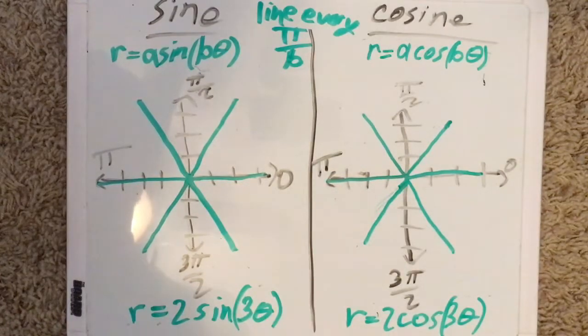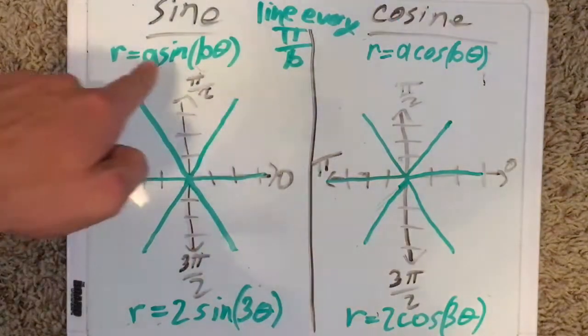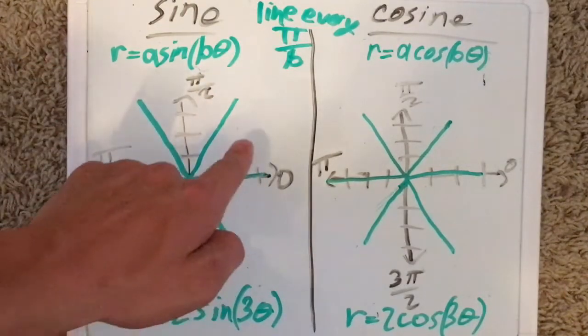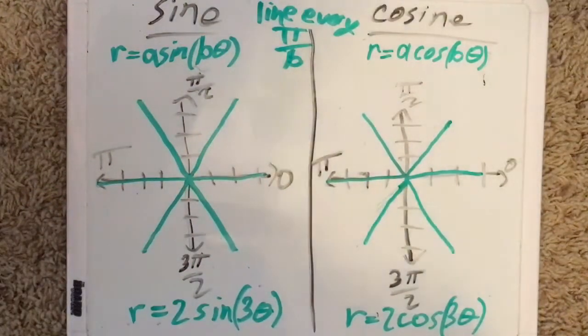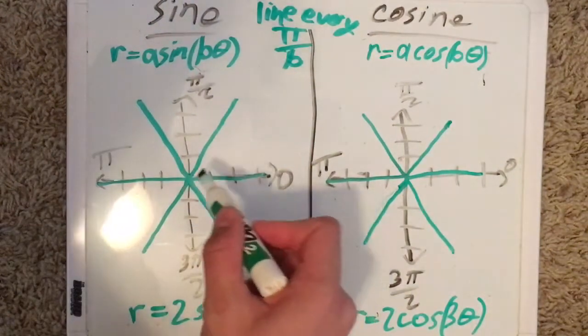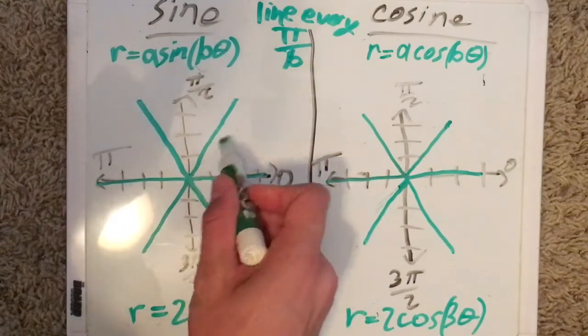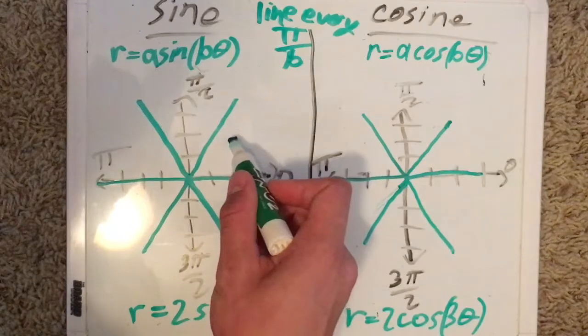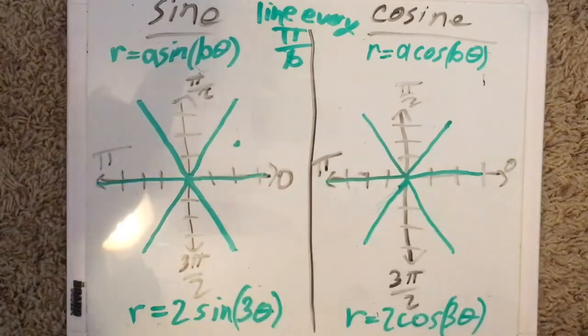So on the left, the a value is how far out you're going to draw your point. Since it's sine, we're going to go in between the sector, out 2, which is the a value, and draw a point.